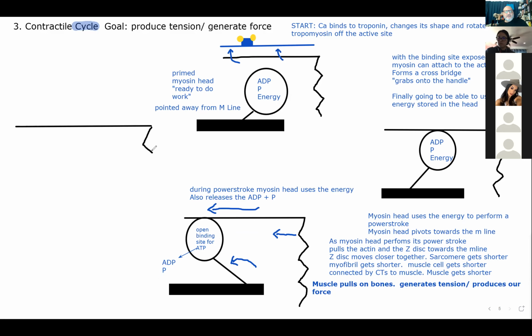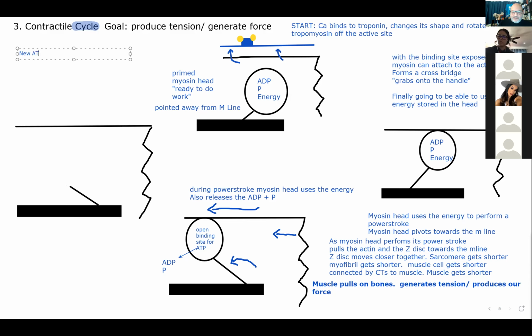Here's our Z disc. Here's our myosin. So with that open binding site, a new ATP, because obviously the old one has been used, binds to the myosin head.